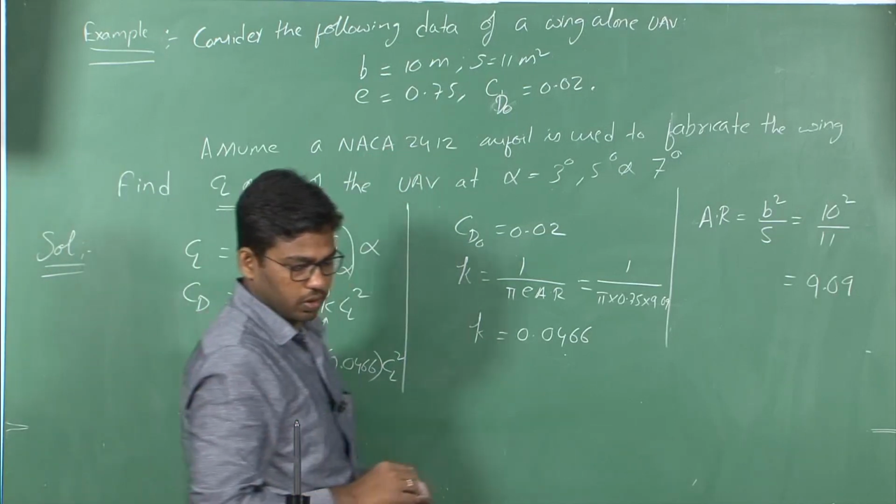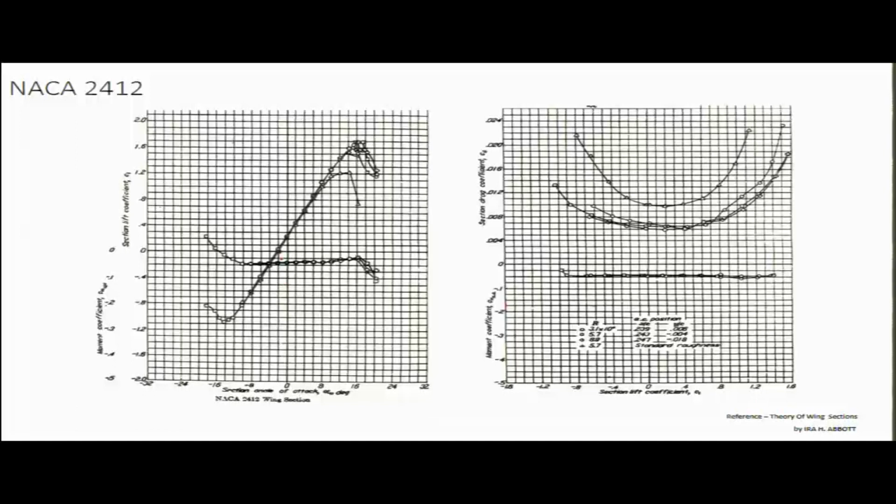So if we go back to the NACA 2412 airfoil here, what is CL naught of this airfoil? Which is 0.21. So CL naught of the airfoil is 0.21, right, and the alpha at which CL is equal to 0 is minus 2 degrees, which is this particular point. At this point we have CL naught, and what is CL alpha of this plot?